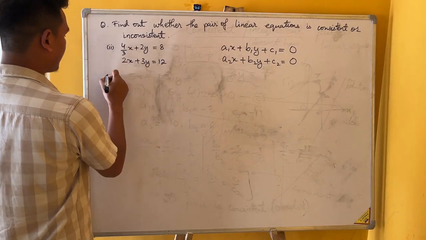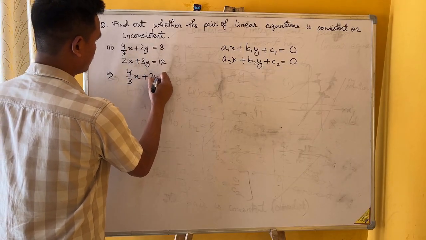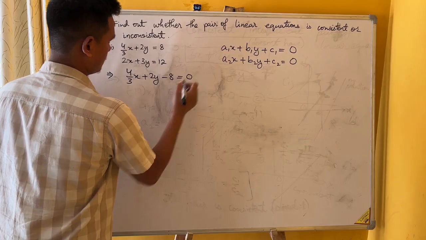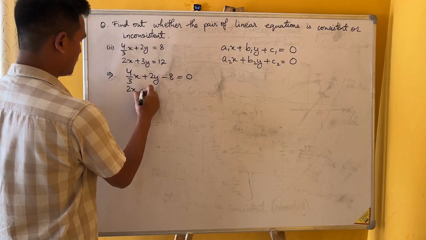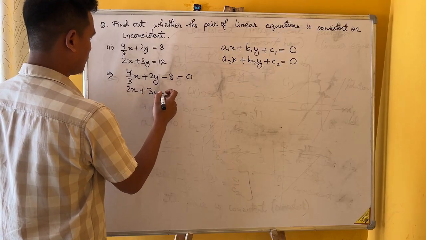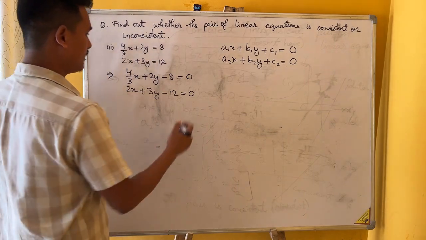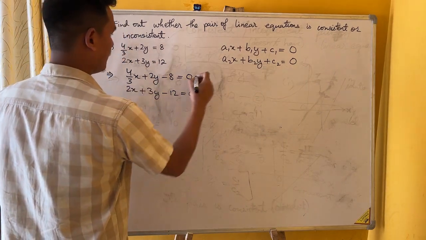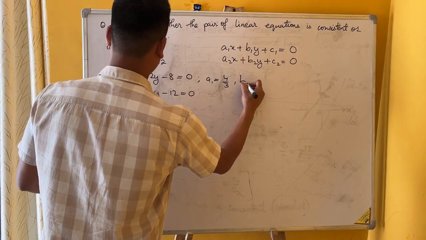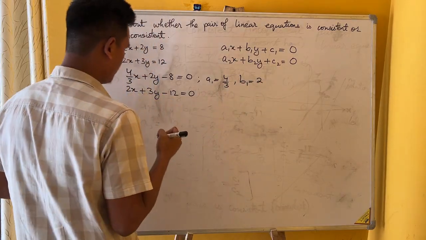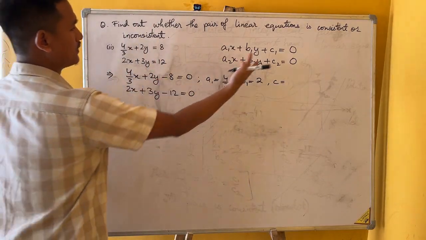So equation 1 can be written as, and this one can be written as, right? So from here, my A1 is 4 by 3 and C1 is how much?